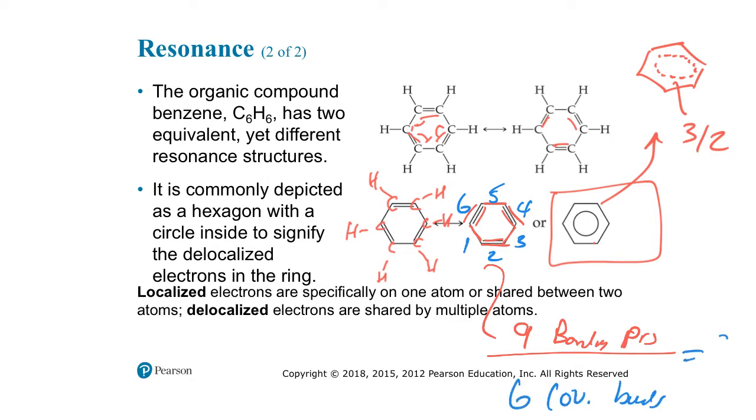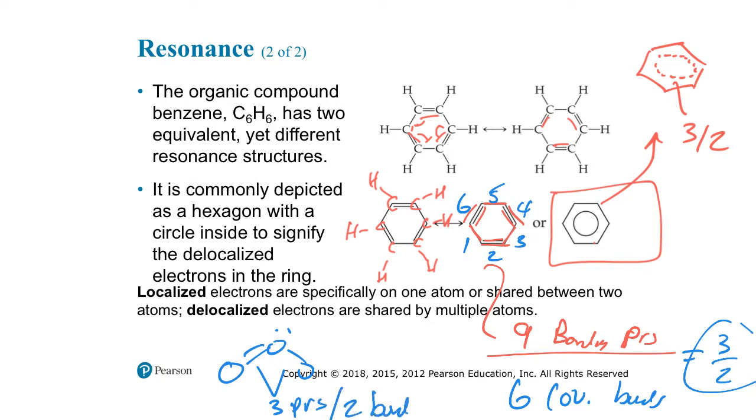So that's how you get your bond order of 3/2. Same thing with ozone, double bond O, single bond O, you have 3 bonding pairs of electrons being spread across the 2 bonds for the same type of 3/2 bond.